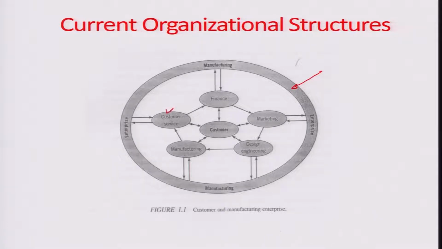So, there can be a customer service wing, there can be a design engineering and a manufacturing wing, there can be a marketing wing, there can be a finance wing. So, basically the need is to be able to come very close to what the customer wants, and that is the philosophy through which everybody is driven, that the customer is really the central focus of such an engineering enterprise.